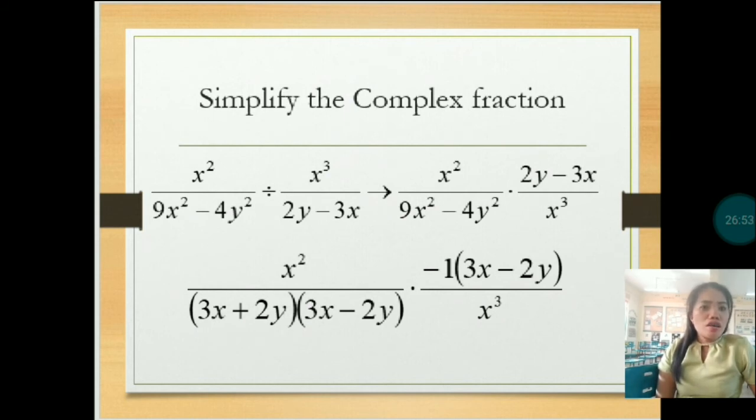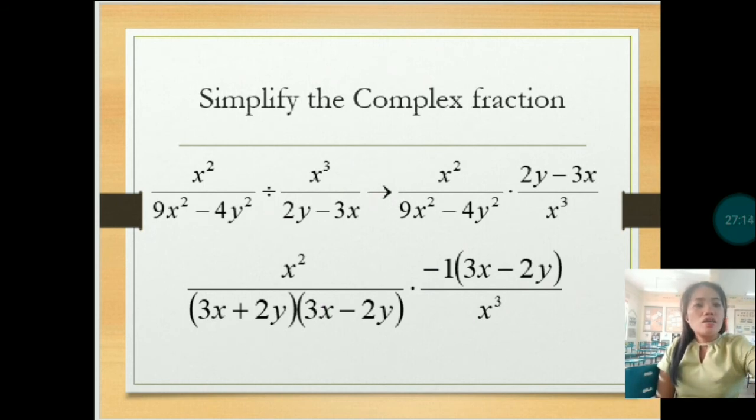Then we extract the negative 1, we multiply negative 1 by our 2y minus 3x to make it 3x minus 2y, so we can cancel out later a common factor with the denominator of our first rational expression. Then just copy x cubed.